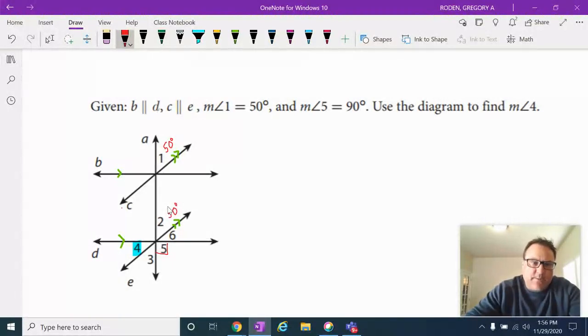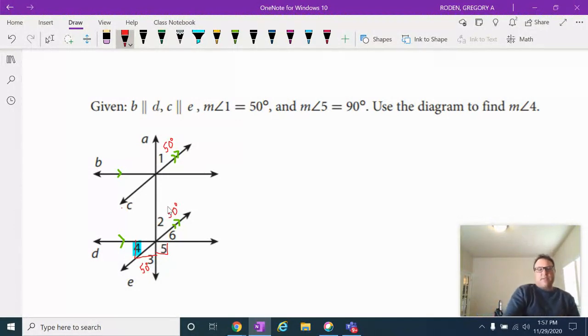And then we can say 2 is congruent to 3, so 3 is 50 degrees because 2 and 3 are vertical angles. Now, since 5 is 90 degrees, the measure of angle 3 plus the measure of angle 4 has to be 90 because it's perpendicular, like we said before.